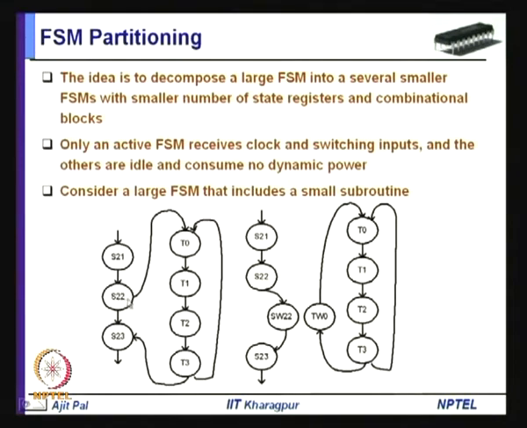So, from here it can go to this subroutine with starting state T0, and it can remain in this subroutine for some time, and then of course, it will return to the main process. So, you can see this is a large FSM, it can be decomposed into 2 FSMs, by adding 2 intermediate states, 2 additional states.